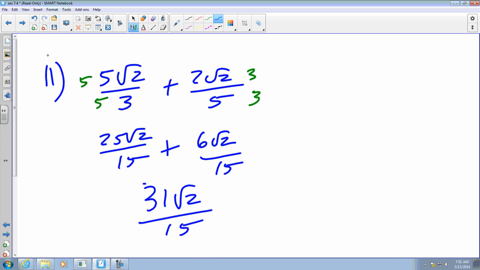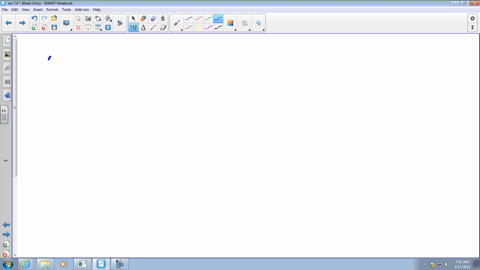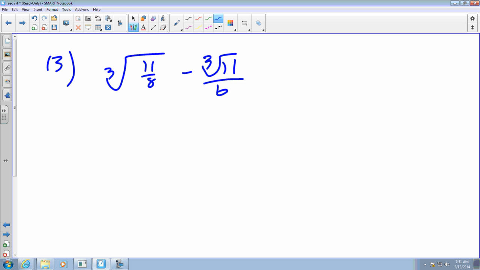Let's move on to question number 13. It says the cube root of 11 over 8 minus the cube root of 11 over 6. First thing we have to do is simplify this 8 out of here. So I'm going to rewrite it as cube root of 11 over cube root of 8, which is 2. Now, since we have the same radical part, the cube root of 11, we need to get a common denominator.